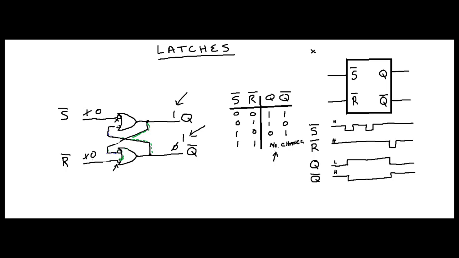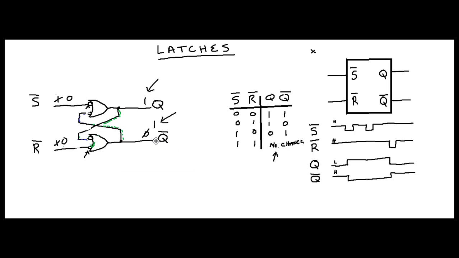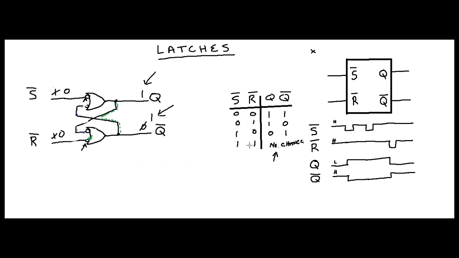All right. Let's do one more while we're talking about this. Let's move this out of the way over here. Now let's draw another truth table. This one will say S, R, Q, and Q bar.